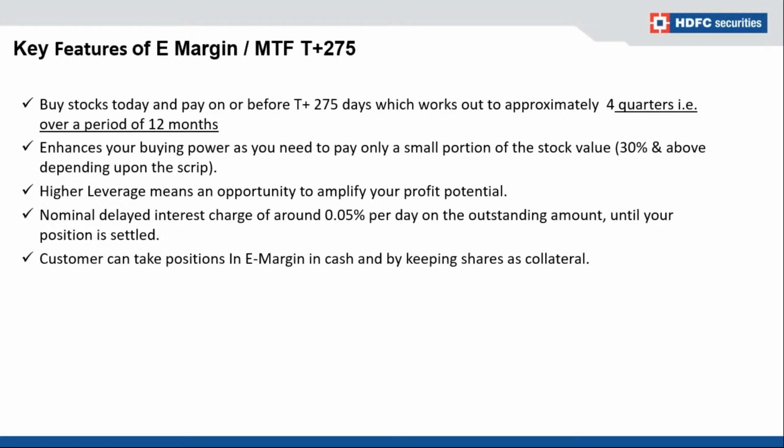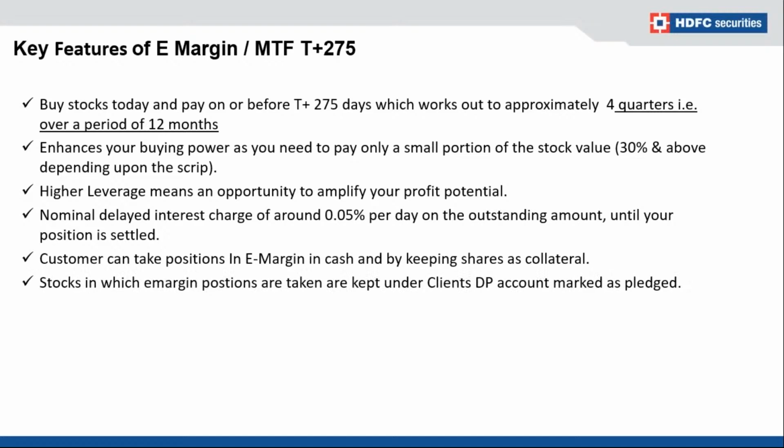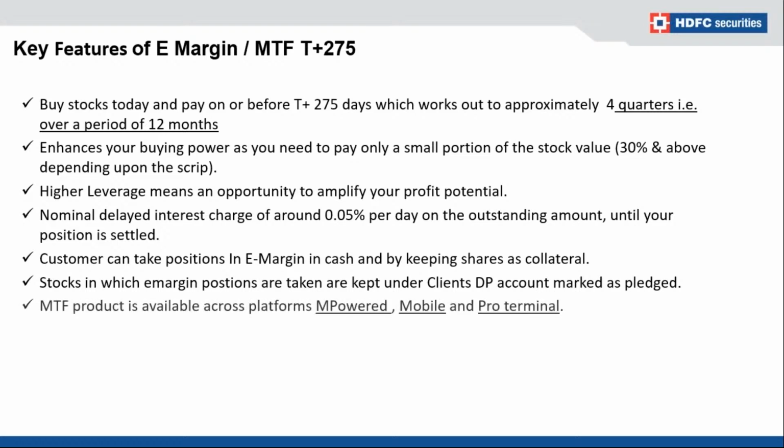So that facility is also provided. Also, the stock taken in E margin, or you can say MTF, margin trading facility, has to be marked as pledged with the DP account, with the registered mobile number or your registered mail.